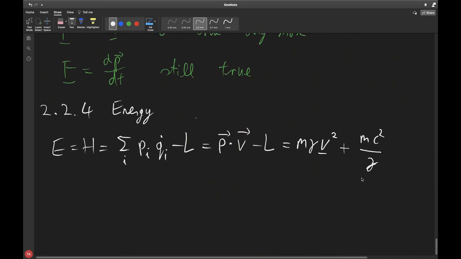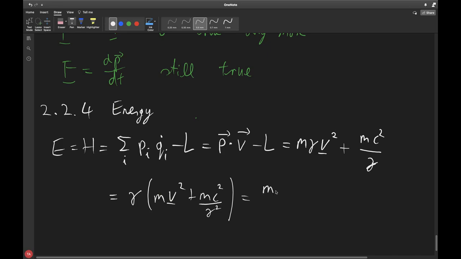Okay, if we take out one gamma factor, then what we find is mv vector squared plus mc squared over gamma squared. Doesn't look like it's helping us, but in a second we will see, if I introduce the definition of gamma, that was 1 over the square root of 1 minus v squared over c squared.